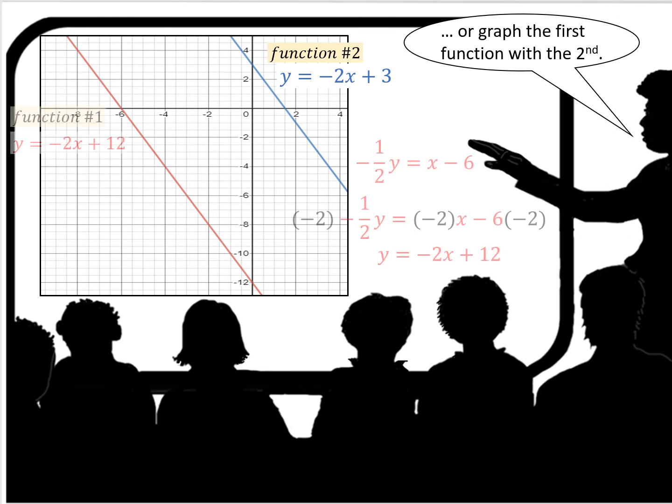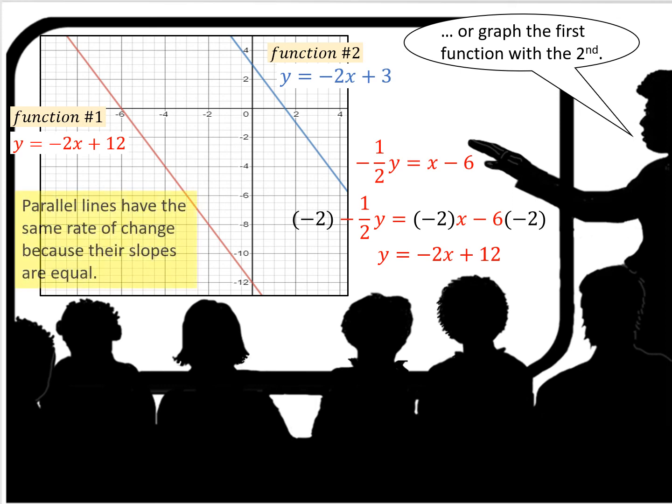The other method is to graph the first function with the second. So we have function 2 already on the graph, y equals minus 2x plus 3. This is the one that we had on the graph. And then we would graph the first function on the same graph and we find y equals minus 2x plus 12.